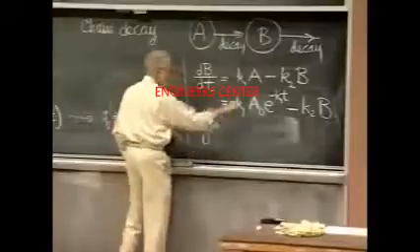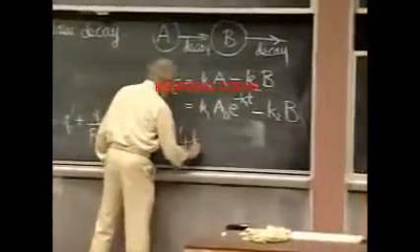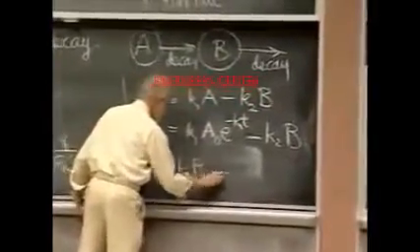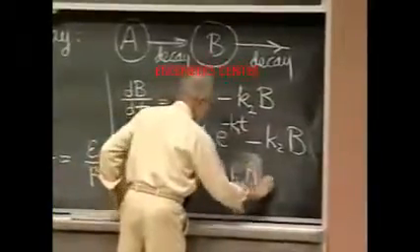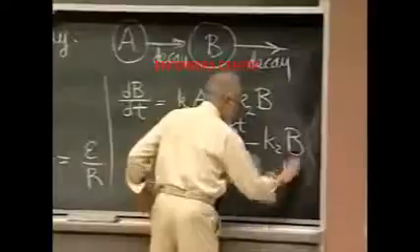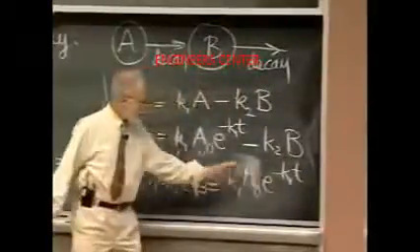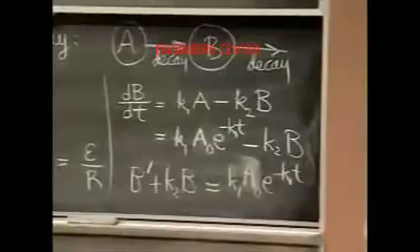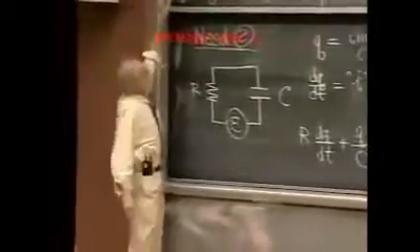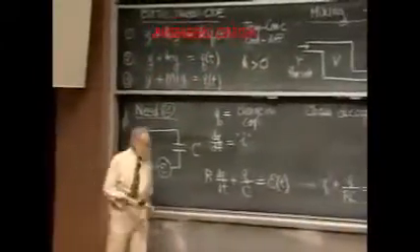It looks like B prime plus k2 B equals an exponential, k1 A0 e to the negative k1 t. But there's no reason to expect that that constant really has anything to do with k2. It's unnatural to put it in that form. And so here, too, is another example where it's the second form which is the correct one.